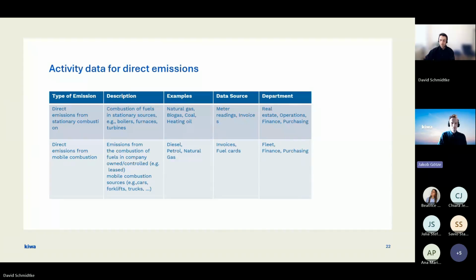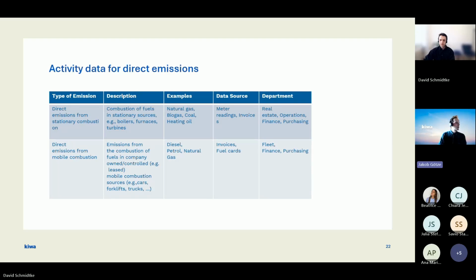So this table presents data collection for two scope 1 emission sources, which is direct emissions from stationary and mobile combustion. So stationary combustion is, for example, the combustion of fuels in boilers for heating or in turbines for operations.